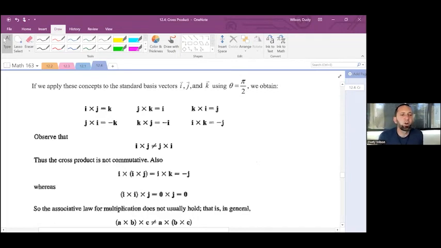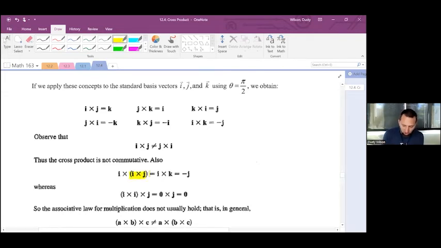Notice again that i cross j does not equal j cross i. Thus, the cross product is not commutative. Also, i cross i cross j is the same as i cross k, or negative j, whereas i cross i cross j with the association switched is 0 cross j, or 0. So you don't even have the associativity that we're used to.